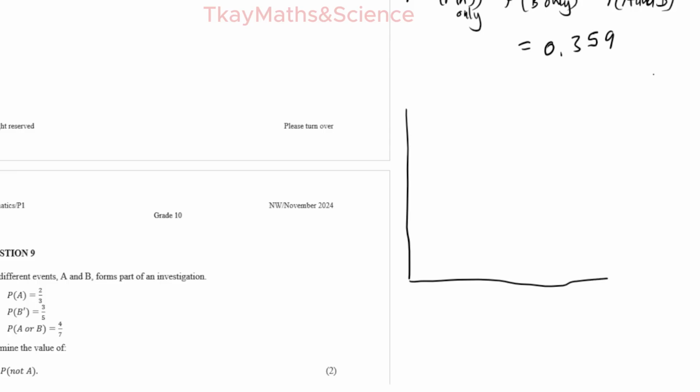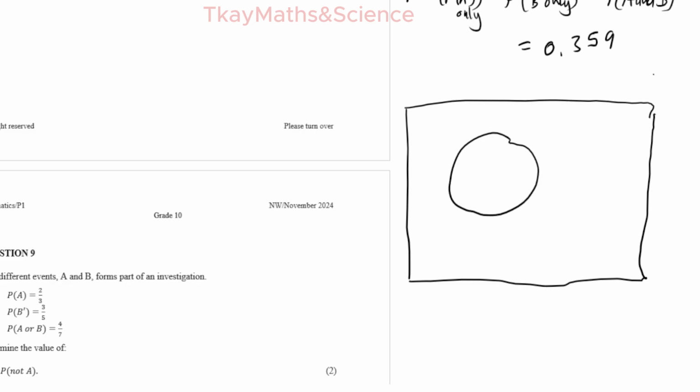That is the whole sample space here. And we got our A and our B. So we got our set A, we got our B here.